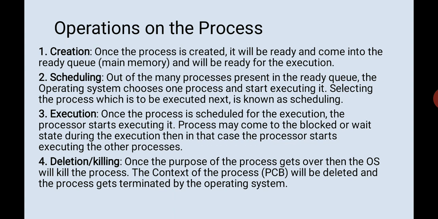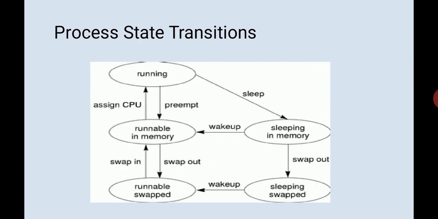If it is completed, then it is deleted and killed. But until all the instructions are fully executed, it will wait, because interrupts may come, or it is waiting for some input output operation itself. So this is how it is done.